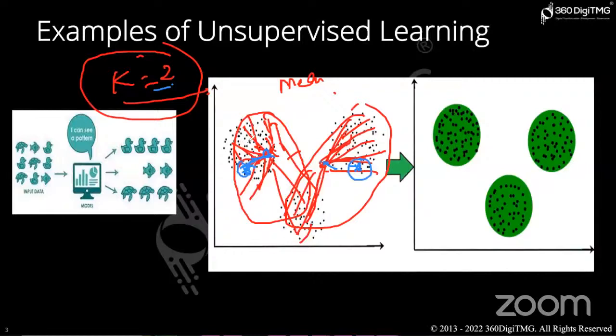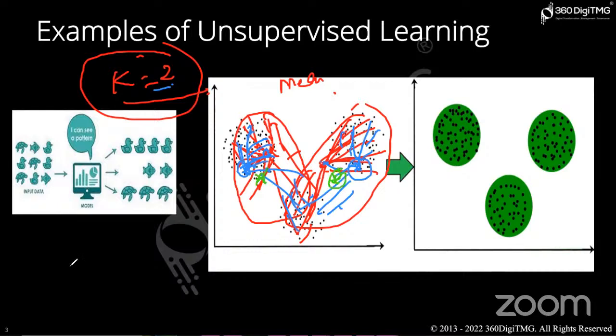Again, it will calculate the distance between all the points. Then again, it will do the same. Again, it will calculate the mean of that particular cluster, and if there is any change, it will move to the new centroid.